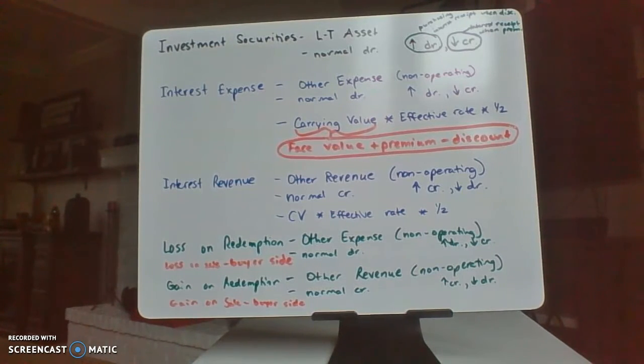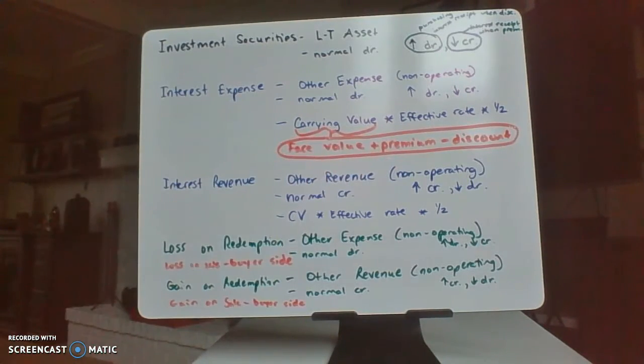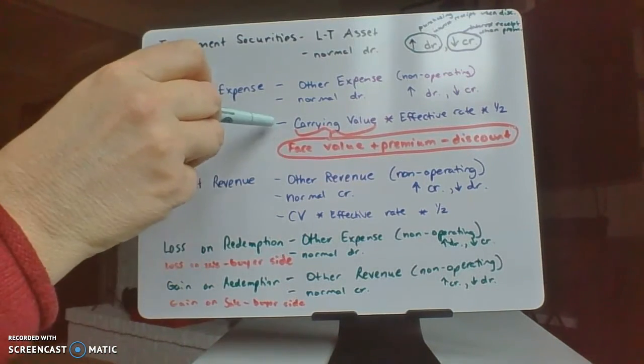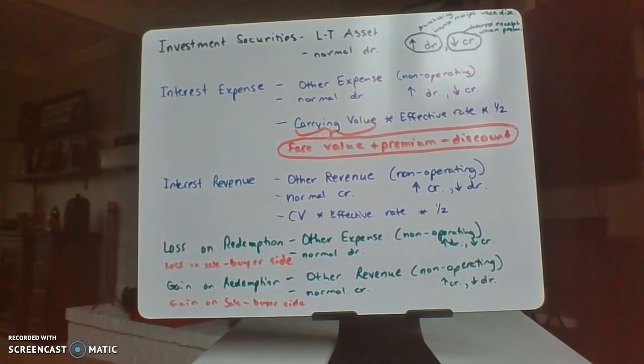As all expenses are, it's a normal debit, increasing as a debit, decreasing as a credit. And other revenues, non-operating, a normal credit, increases as credit, decreases as a debit. And for both of these, you see that the calculation is the exact same. It's the carrying value times the effective rate on the bond times a half for semi-annual ones.